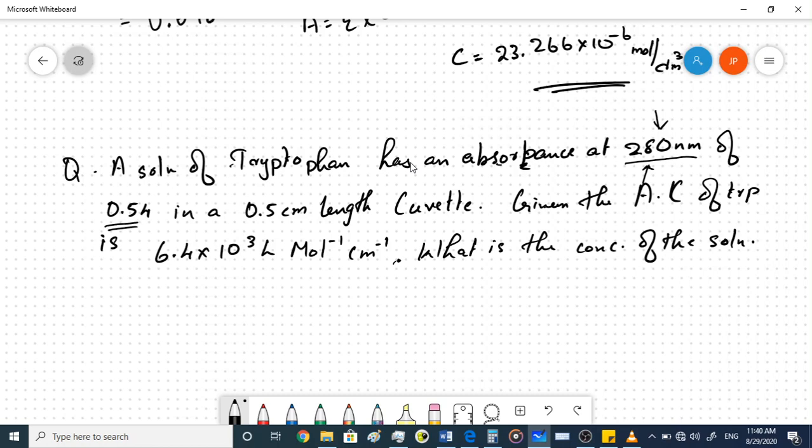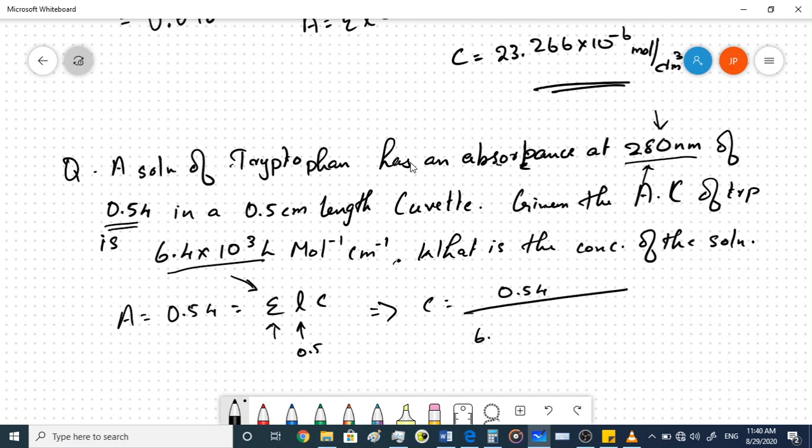So A is given as 0.54, which is equal to epsilon L into C. The length of the cuvette is given as 0.5 centimeters, and the absorption coefficient is also given over here. So you can substitute all these values. C is equal to 0.54 divided by 6.4 into 10 to the power 3 into 0.5.